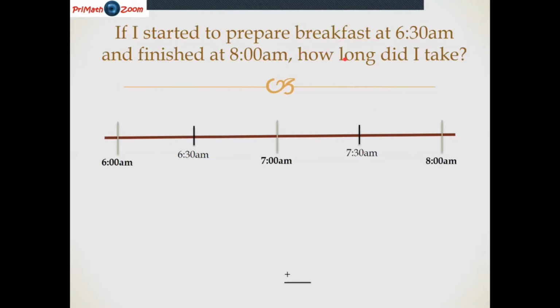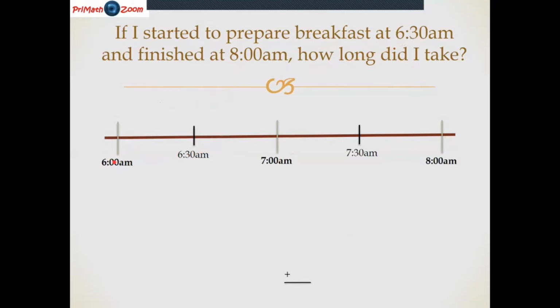So let us see if we can create our number line from 6 o'clock to 8 o'clock. So here we have 6 o'clock, 7 o'clock, 8 o'clock. But 30 minutes means half past the hour. So now we have to break each hour in half.